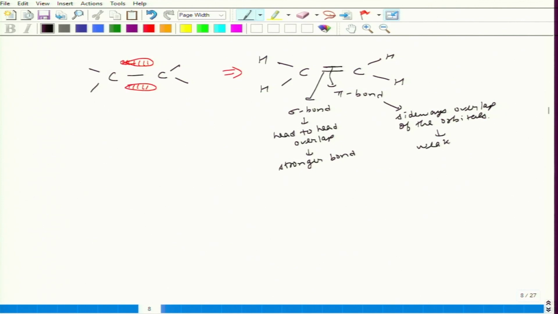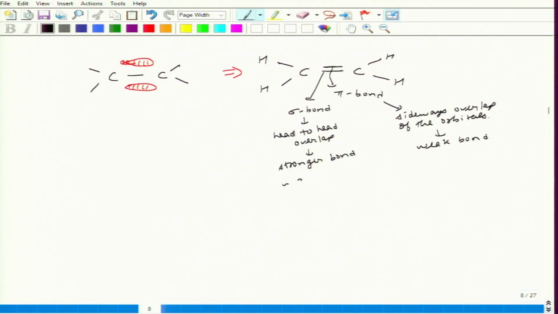Comparatively, a pi bond is a weaker bond than a sigma bond. And how can we distinguish this? We can see the bond energies of the pi bond and sigma bond. Bond energy, as I have already discussed in the previous class, is the energy required to break or form the bond.